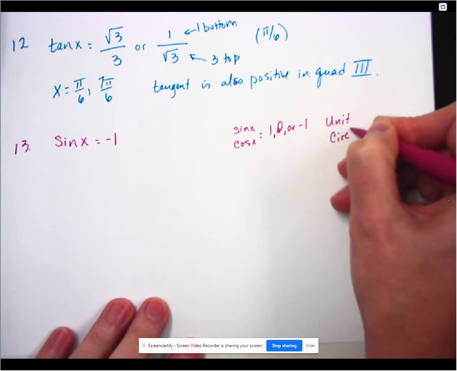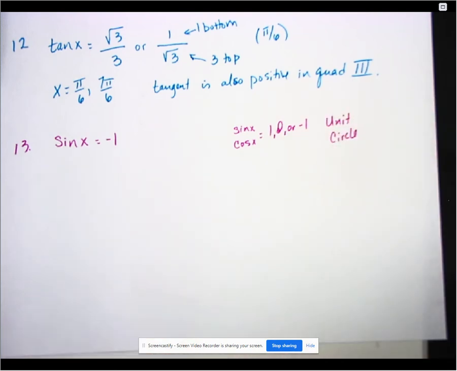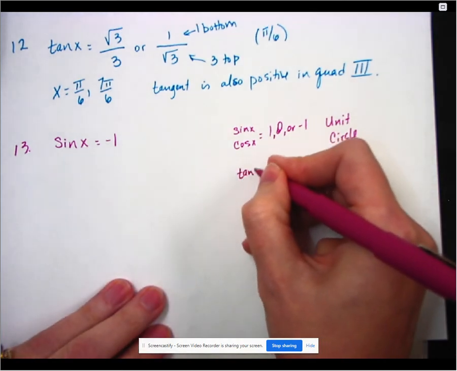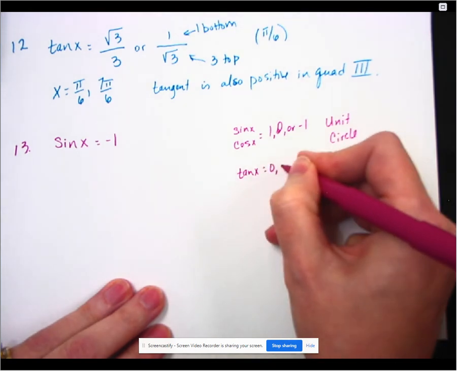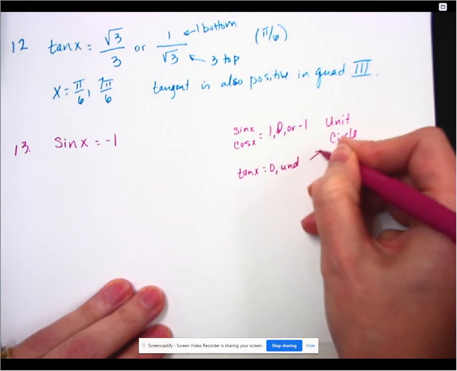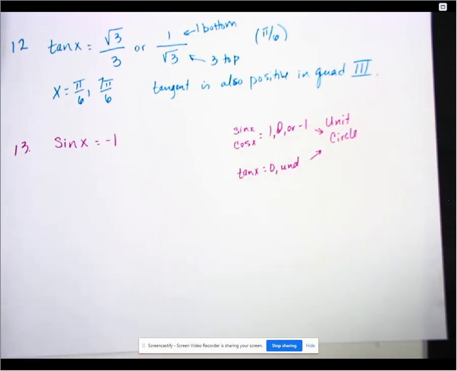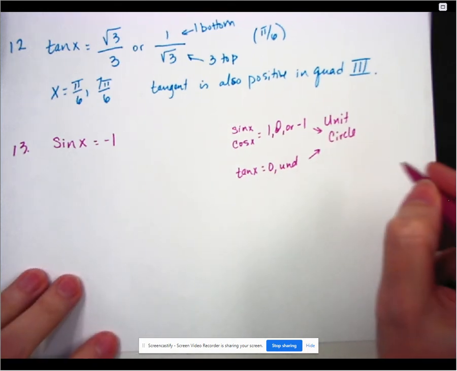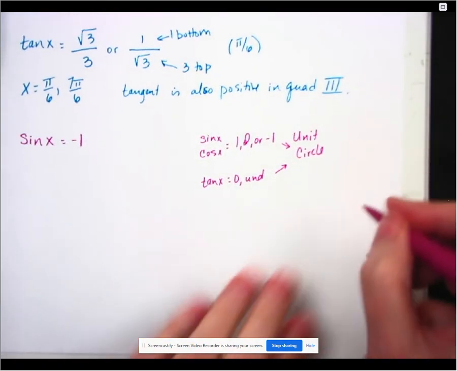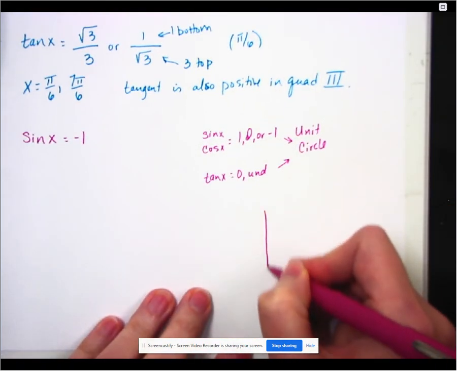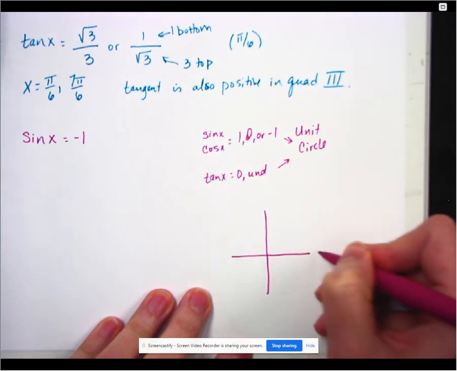Now, some of those we could do on the hand trick, but probably go to the unit circle. And for tangent, if the tangent is either 0 or undefined, you're going to go to the unit circle. Tangent of x equals 1, you actually can do with the hand trick. So to keep from having to flip around, I'm just going to redraw it real quick. It doesn't take long.